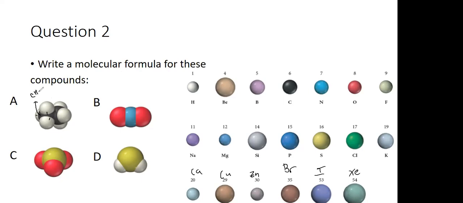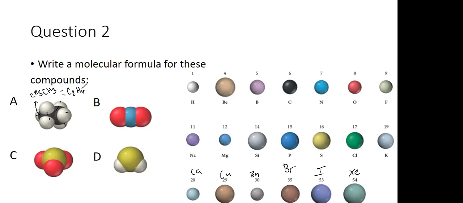So that's CH3, and that's connected to another carbon connected to CH3. However, usually you don't write your molecular formulas as CH3, CH3. You combine the like atoms, and so you get C2H6.